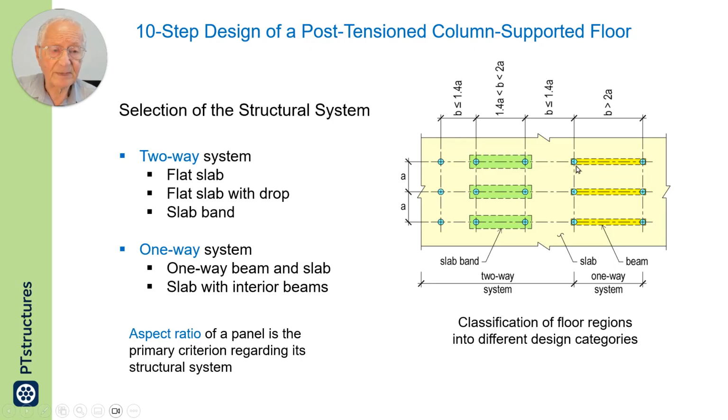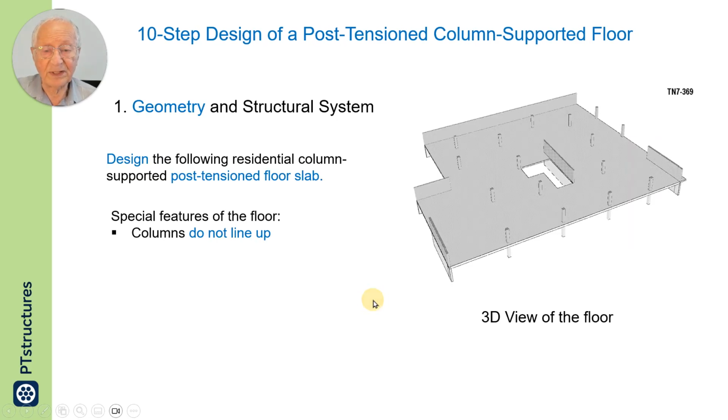This here, this beam is a one-way system. The aspect ratio of a panel is the primary criterion regarding its structural system. In other words, this A over B determines whether you have to have this or a combination with the beam.